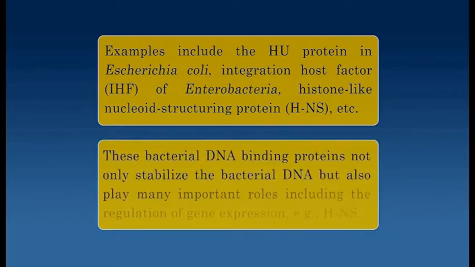These bacterial DNA binding proteins not only stabilize the bacterial DNA but also play many important roles, including the regulation of gene expression. For example, the HU protein is a small histone-like protein of about 10 kilodalton and about 60,000 HU proteins are associated with each E. coli DNA.